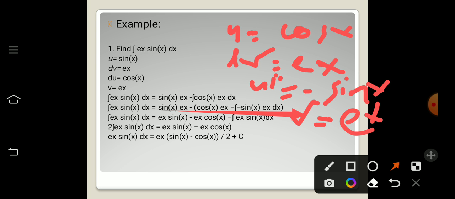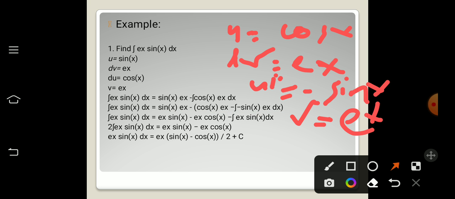Now simplify. We have the integral of e^x sine x dx is equal to e^x sine x minus e^x cos x minus the integral of e^x sine x dx.